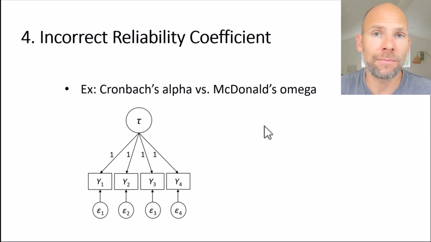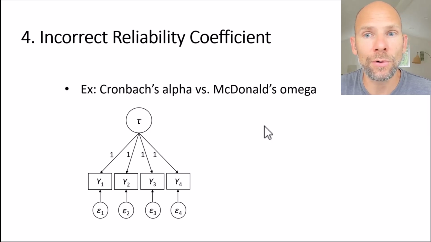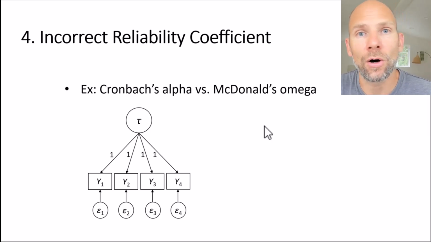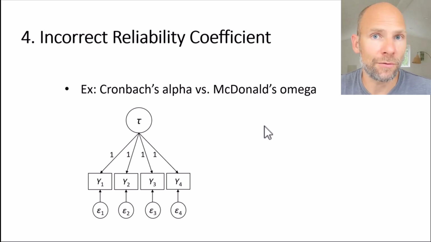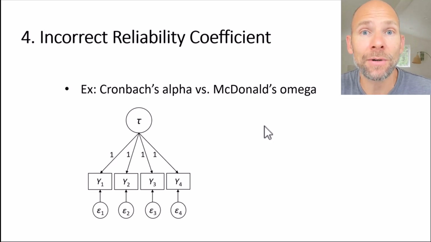Tau equivalent meaning the items have the same loadings, here indicated with all loadings being fixed to 1 in a confirmatory factor analysis model. Also, it comes with the assumption of uncorrelated error terms, epsilon 1 through epsilon 4. And so only if that measurement model holds for your data would it be a good idea to calculate Cronbach's alpha as a reliability coefficient.